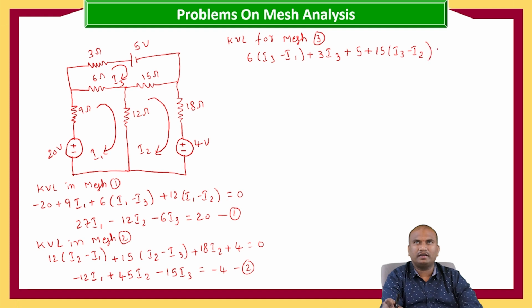Because we are writing the KVL for mesh 3, loop 3 current has higher magnitude. So minus 6 I1 minus 15 I2 plus 6 plus 3, 9 plus 15, 24 I3 equals to minus 5. This is our equation number 3.